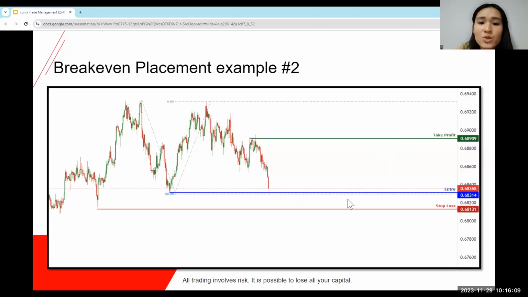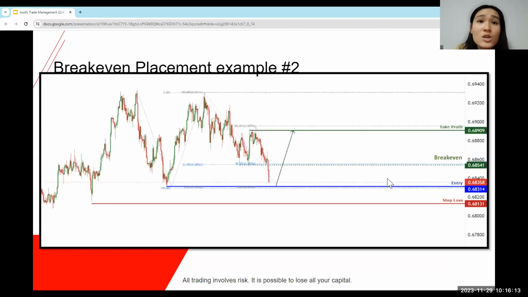But as you can see, it is quite a distance between our entry and take profit. So we identify a break-even or partial profit area from our Fibonacci levels. In this case, it's not only Fibonacci, we have Fibonacci coupled with graphical analysis as well, because over here you see that we have 2 swing lows that line up nicely.